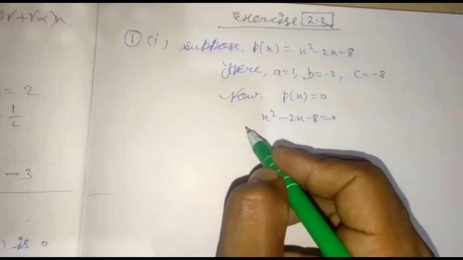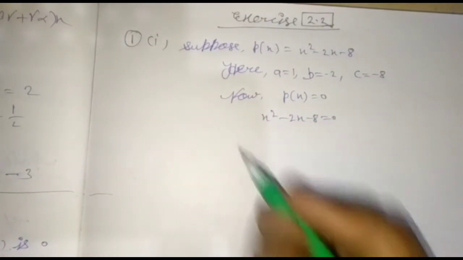Now factorize this quadratic polynomial. First we split the middle term: we split the middle term minus 2x into two parts such that the product will be equal to the product of x squared and minus 8, and when we sum those two terms we get minus 2x.